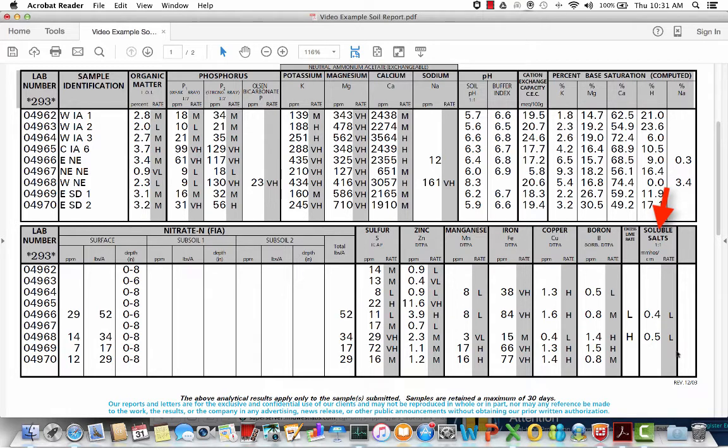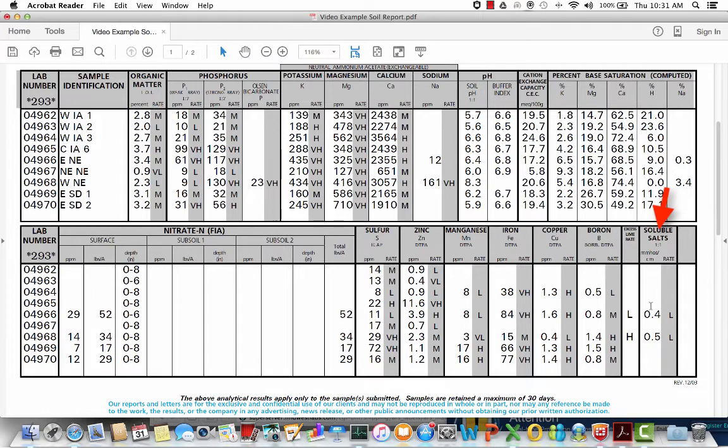If it had a lot of salinity, those plants a lot of times will still have a hard time pulling water from that soil because those salts are pulling against the plant and trying to pull those waters to themselves. So it's basically called osmotic pressure, and the plant has to work against that to pull water from the soil in a soil with a lot of salts in it.